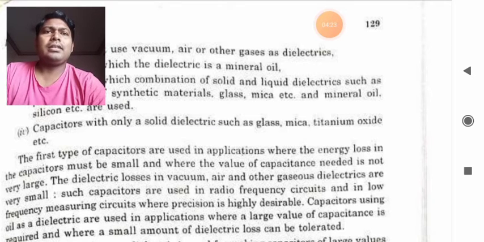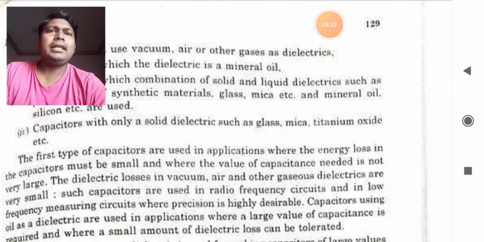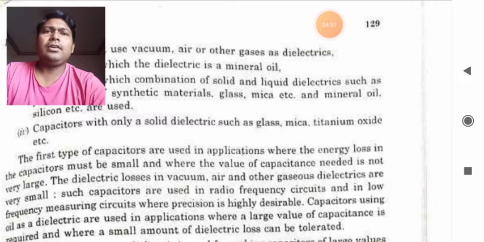Such capacitors are used in radio frequency circuits and in low frequency measuring circuits, where precision is highly desirable. Capacitors using oil as a dielectric are used in applications where a large value of capacitance is required, and where a small amount of dielectric loss can be tolerated.